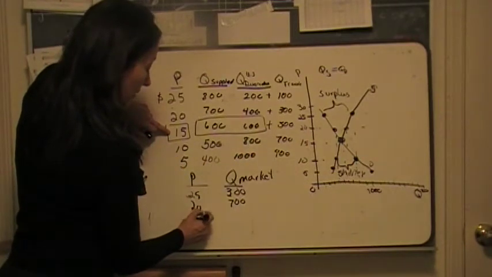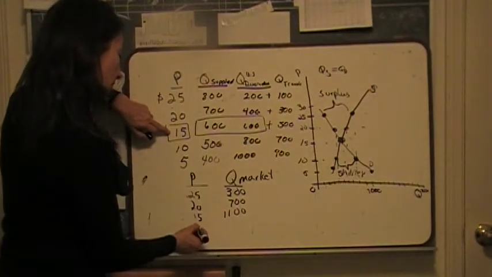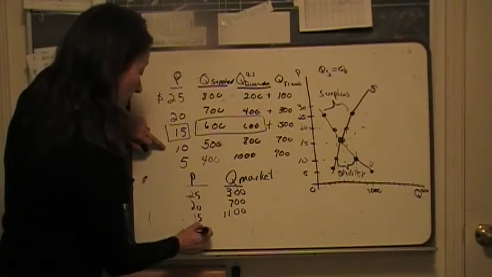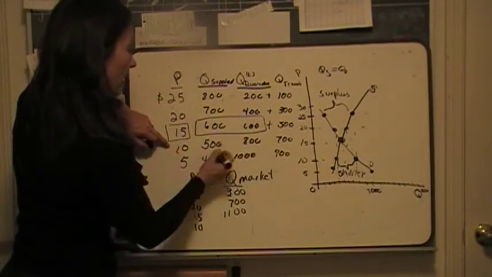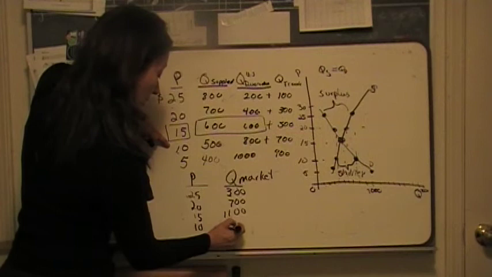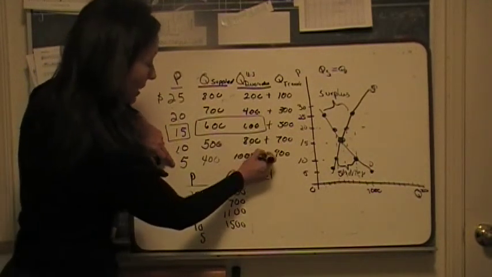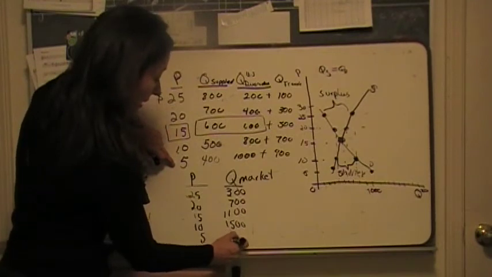That gives us 1,100 pounds demanded at $15. At $10, we're going to see 800 US plus 700 French, 1,500. And then when the price goes down to $5, 1,000 plus 900, 1,900.